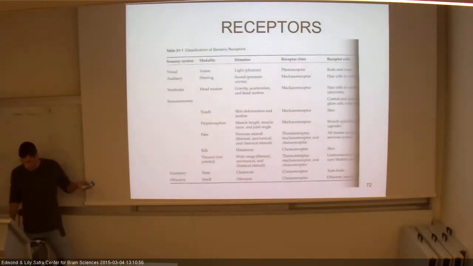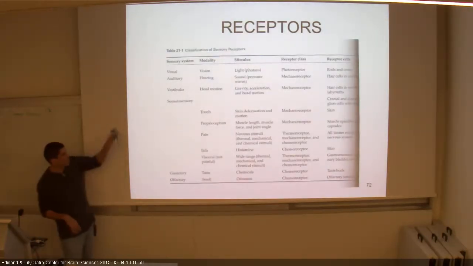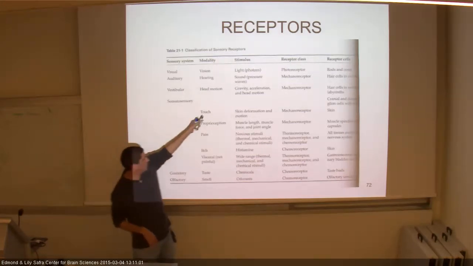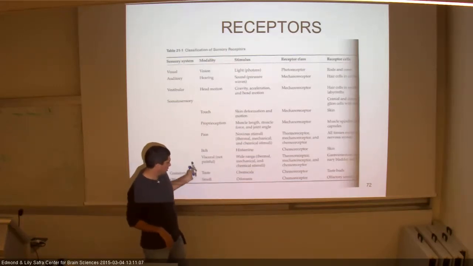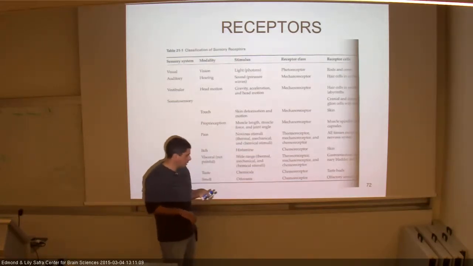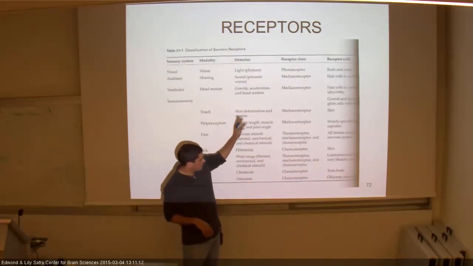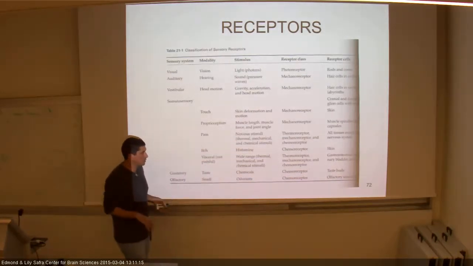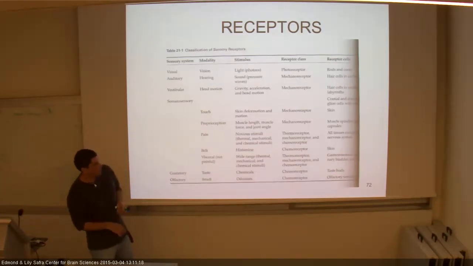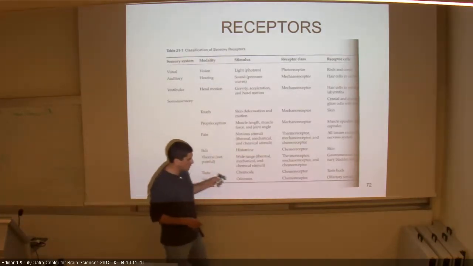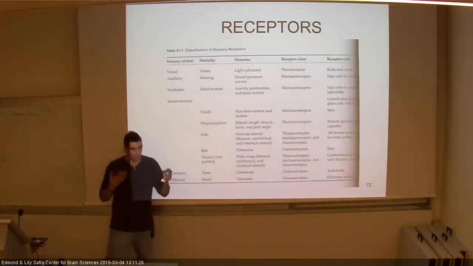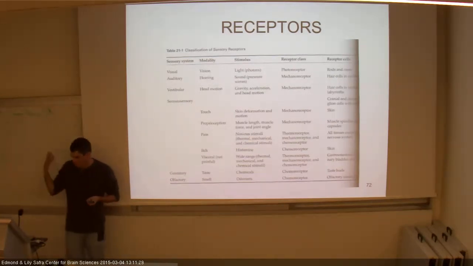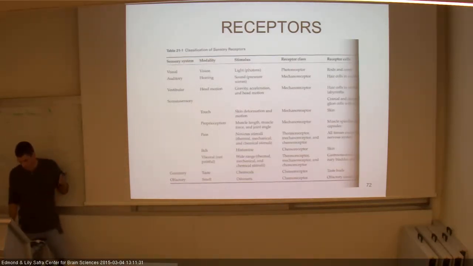There's a table in the textbook that shows the modality, the type of energy, light, sound, gravity, mechanical, specific chemicals, and what type of receptor classes. We have mechanoreceptors, photoreceptors, thermoreceptors, chemoreceptors, etc. Each one is represented in a different place in the body, comes in different flavors and forms, but all of them do roughly the same thing, which is to transduce the energy from the outside world into the language of the brain.